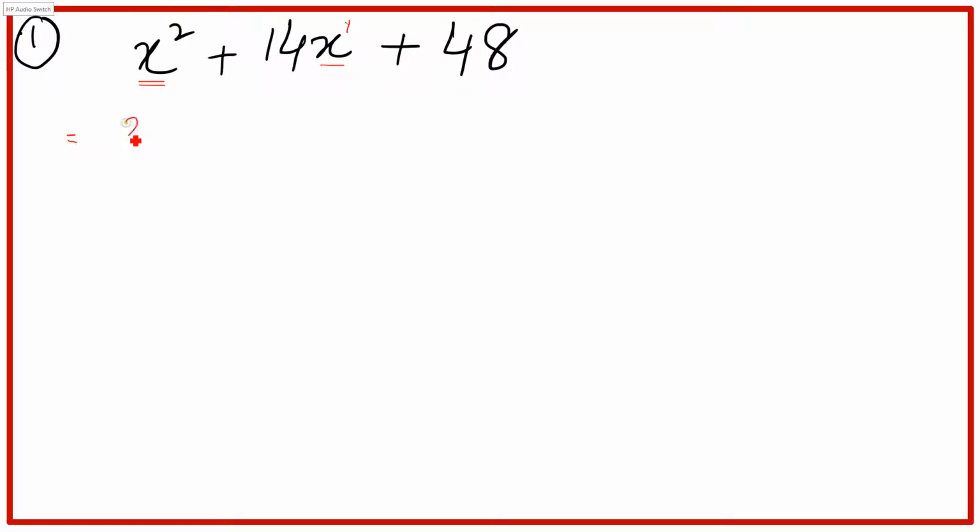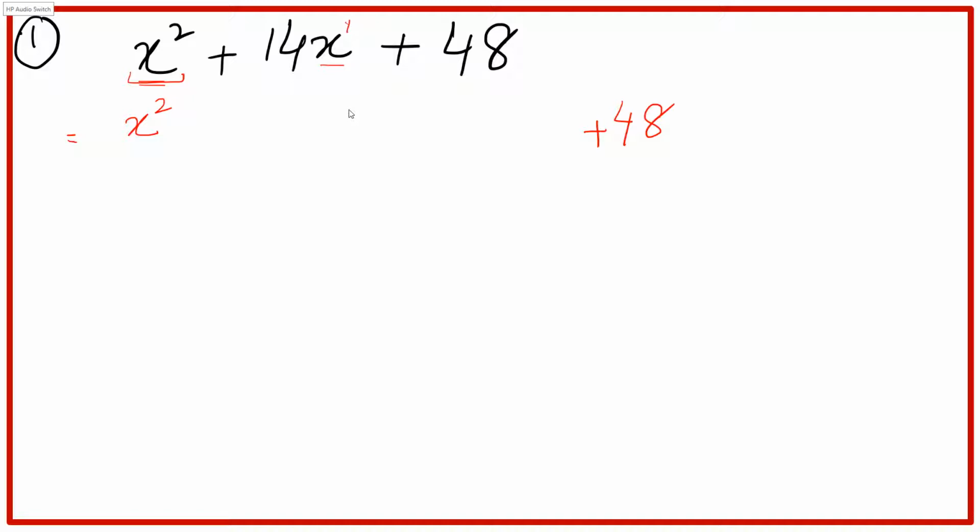Okay, so write down x square as it is, the first term, and the last term as it is. So in the center we have 14x. We split 14x, or we write 14x in such a way that when we add or subtract those numbers, we will get 14x.